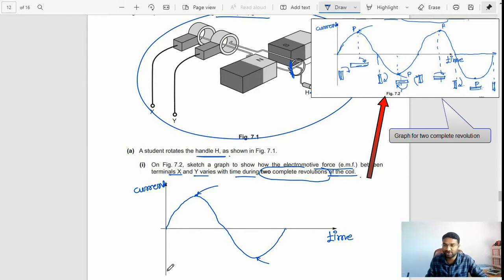At this place, the coil will be vertical. At this point, it's horizontal. Again at this place it's vertical, at this place it's horizontal again, and at this place vertical again. So to complete the revolutions of the coil, this is what you have to show in this question.